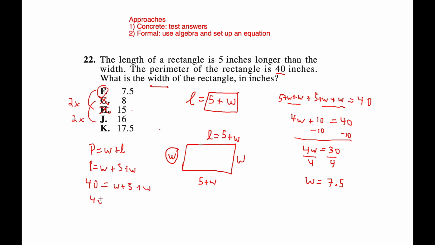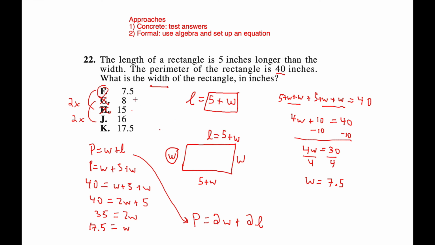Combining like terms, we get 2W plus 5, subtracting 5 from both sides, 35 is equal to 2W, and so W would be 17.5. But again, the correct formula for perimeter of a rectangle is 2 times W plus 2 times L, because we want to add up all the sides.